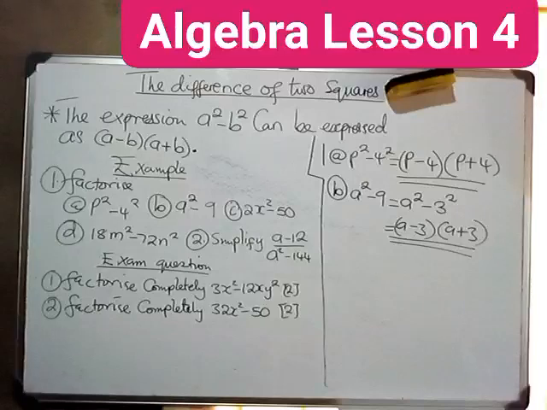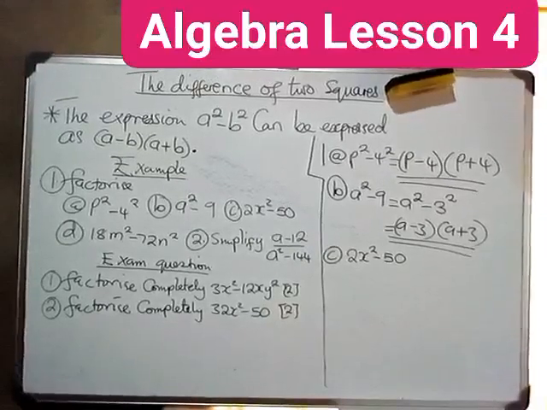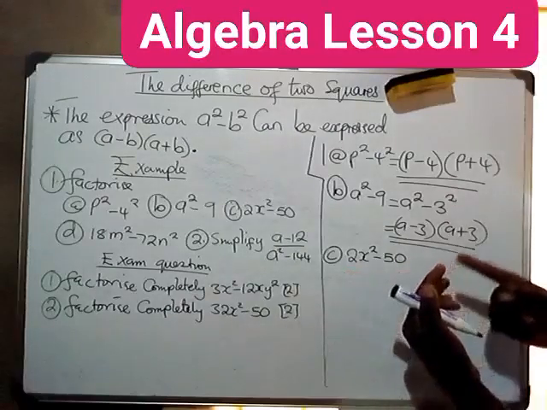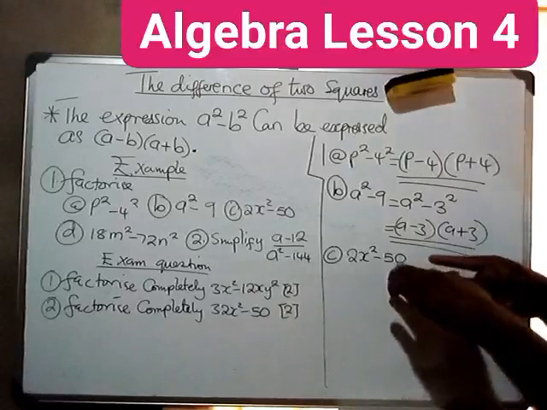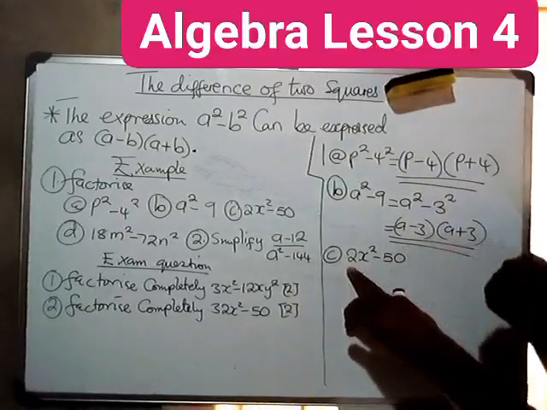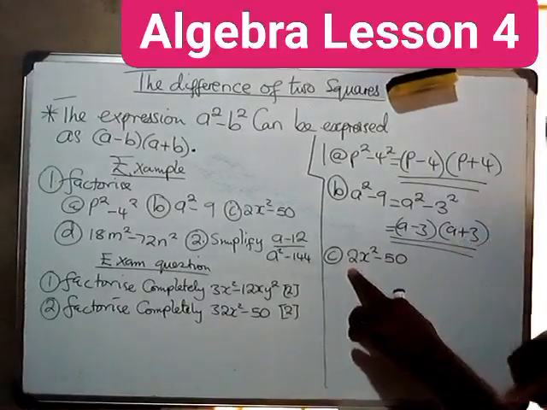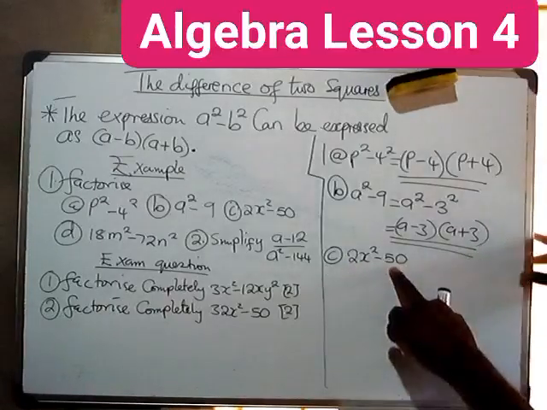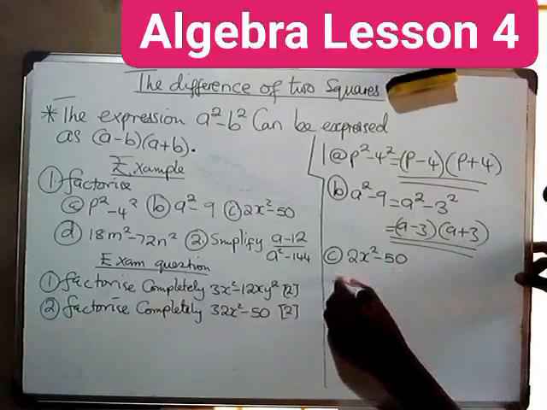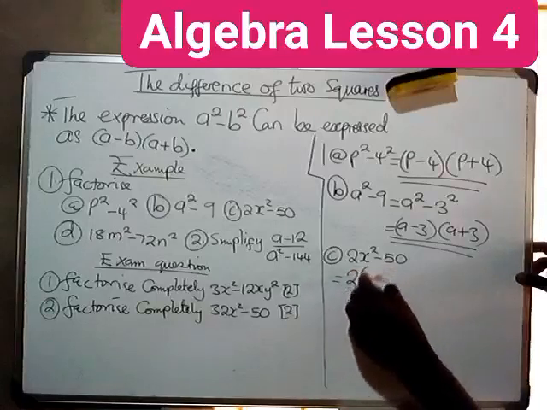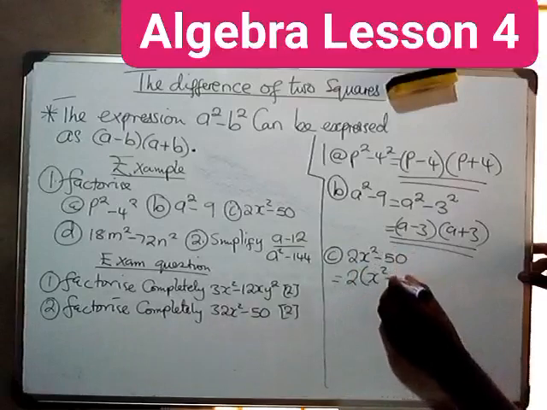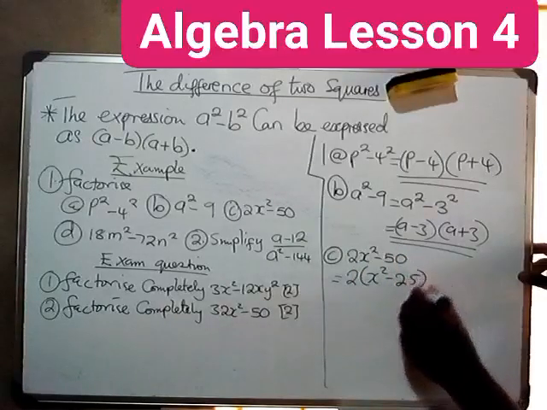We now go to question number c: 2x squared minus 50. How do we factorize it? Remember, this 2 is not a perfect square, and 50 is not a perfect square. So the first step, we factorize by saying 2 is common, then we remain with x squared. 2 into 50 goes 25.